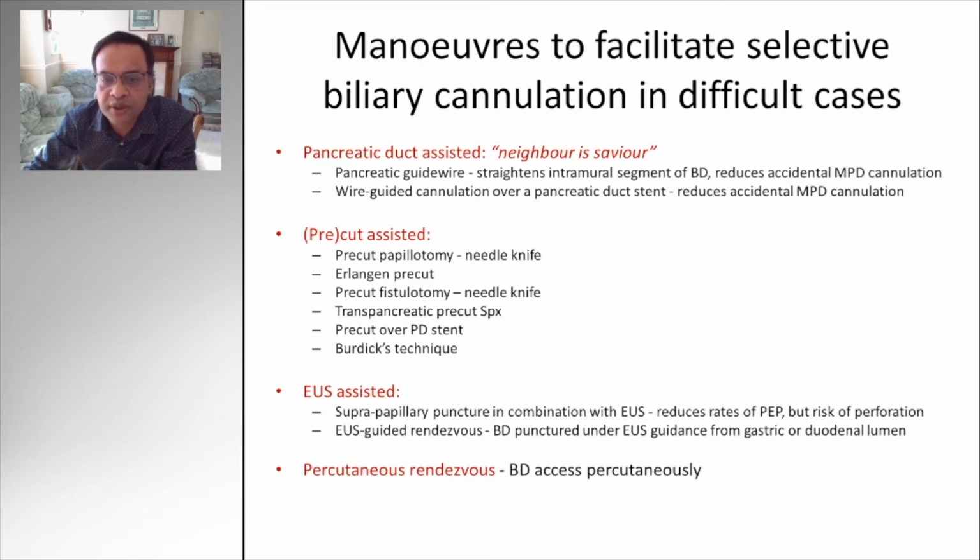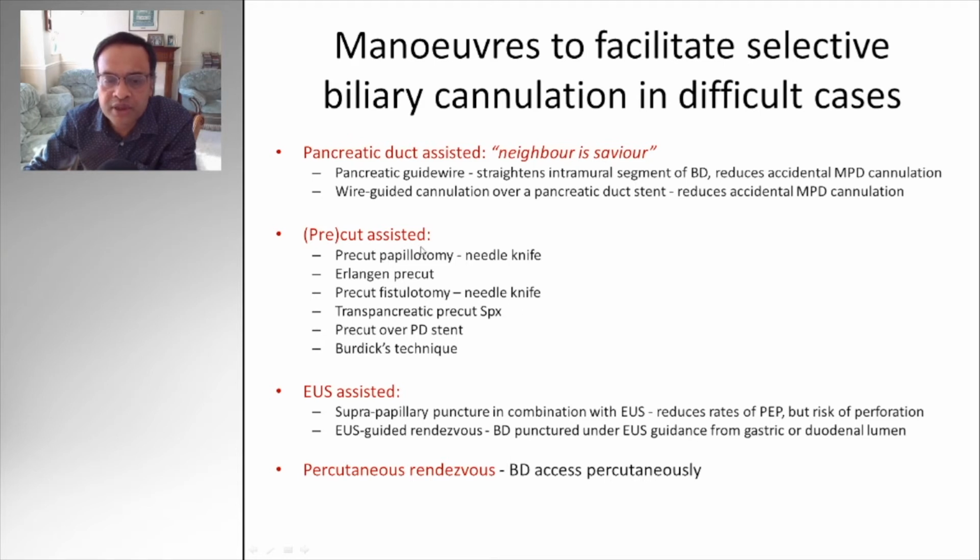I will be discussing mainly the first two techniques, that is pancreatic duct assisted techniques and Precut assisted techniques. With pancreatic duct assisted techniques, we place either a guide wire or a stent into the pancreatic duct before cannulating the bile duct. And I will discuss both of these methods in a few minutes.